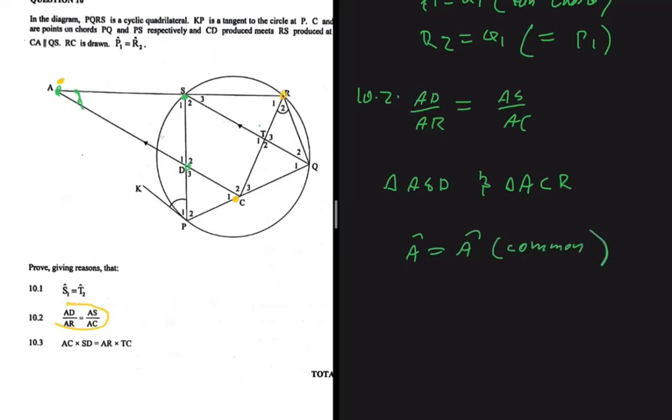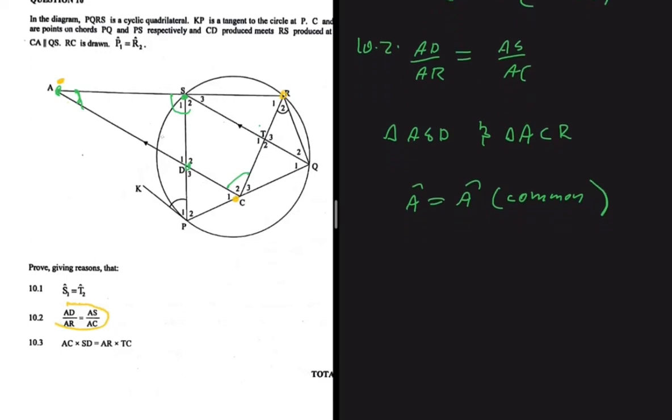So from here, where do we go? Let's see. Here we are expecting angle S1 to be equal to angle C2, right? Because of just how the triangles are. So let's give it a look and see how we can potentially prove that. We already know from 10.1 that S1 is equal to T2, right?